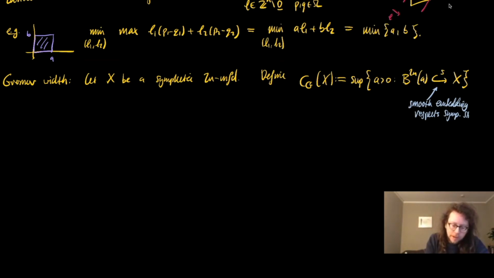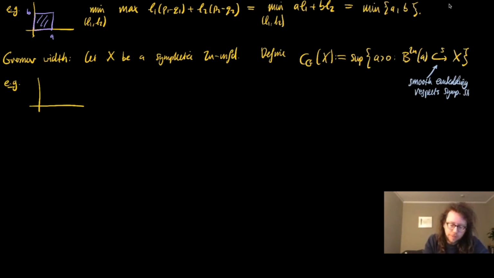Okay. So let me draw the same picture again, and this time let me superimpose. Let's just assume that b is less than or equal to a, as I've drawn it.